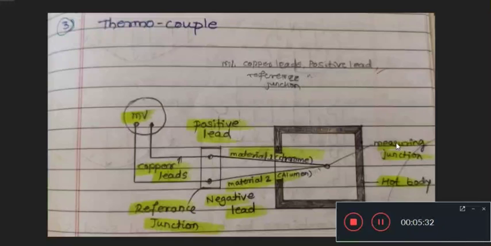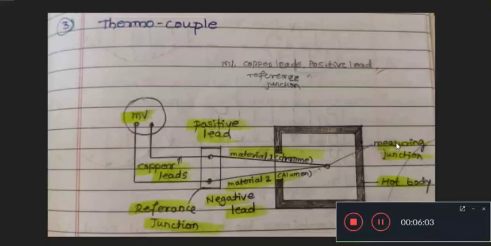Then the positive lead is connected with another material made up of chrome, and this chrome material is joined with another material, aluminum, forming a junction known as the measuring junction as shown in the figure.